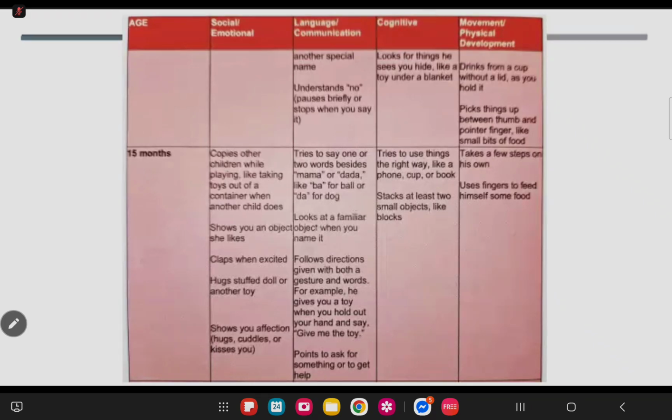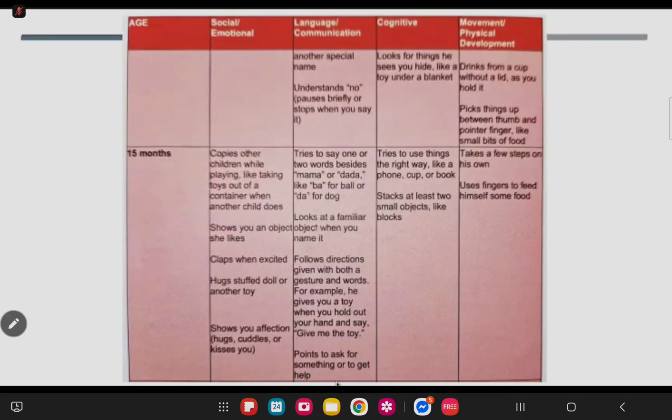So I'm just giving you guys a heads up that in the exam there will be a lot of questions regarding milestones. If I'm not mistaken, 10 questions from my part. So I suggest you study this, okay? You familiarize this because there is no other way to learn the developmental milestones other than memorization.